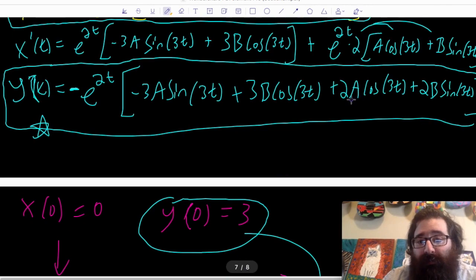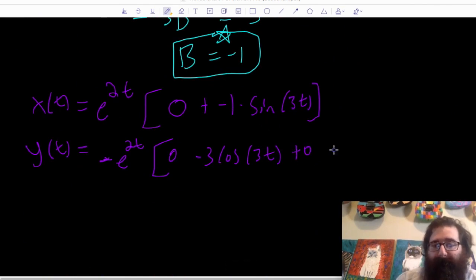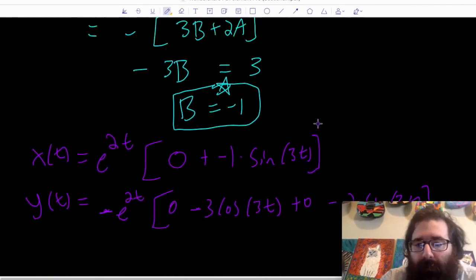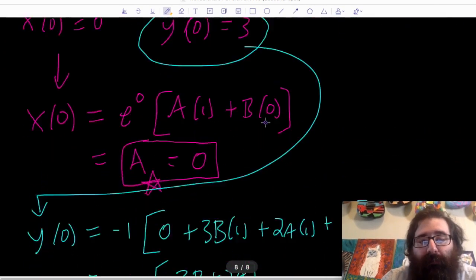A is 0, so 0 next, and then here we get a negative 2 sine 3t. Yeah, negative 2 sine 3t, perfect.